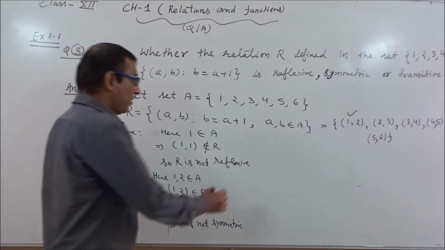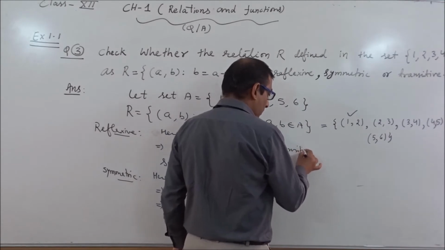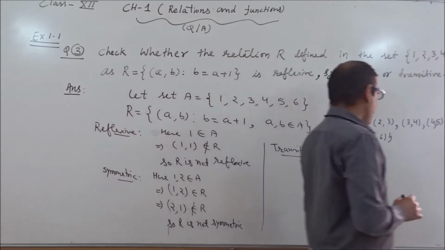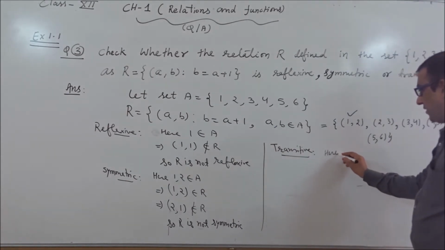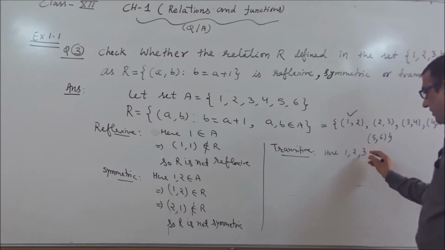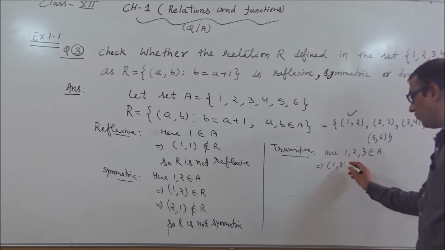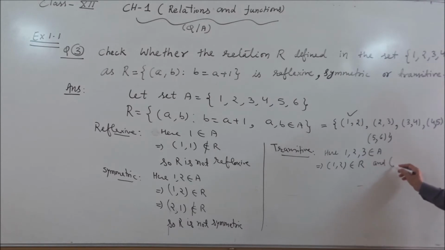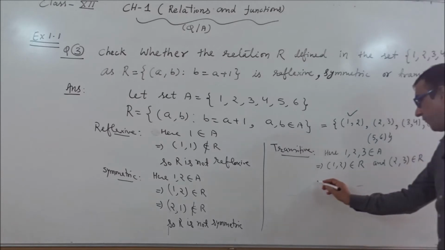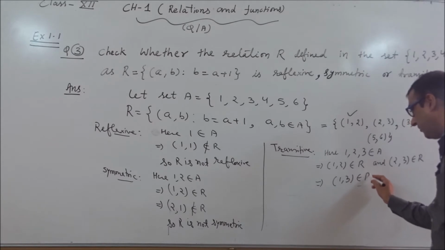Okay, now we will come to transitive. So for transitive, what we will do, I will take here 3 elements 1, 2, 3. These are members of A. So we can say (1, 2) is the ordered pair related with relation R, and (2, 3) is also related with R. So can we say (1, 3) belongs to R as per the definition of transitive?